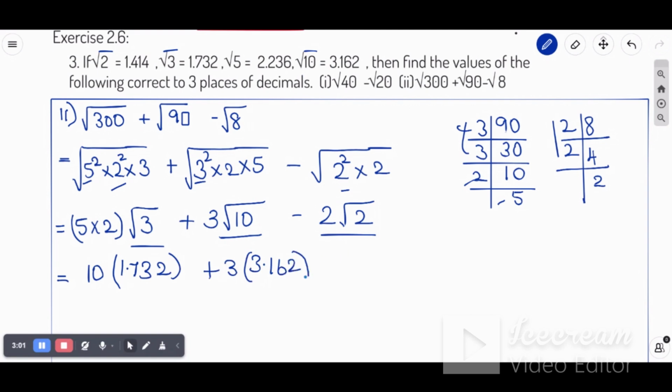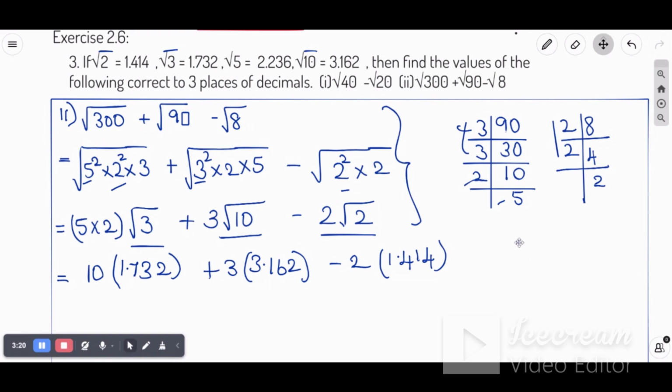And then the value of square root of 2 you have to apply, which will be 1.414. So hereafter it will be normal multiplication and additions. Till this you have to check how you can do it. So please make sure that you do the factorization and take the squares and then do it.